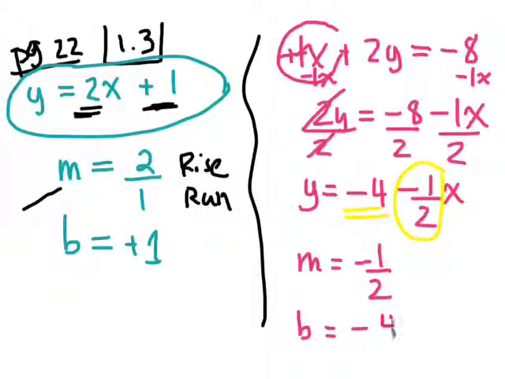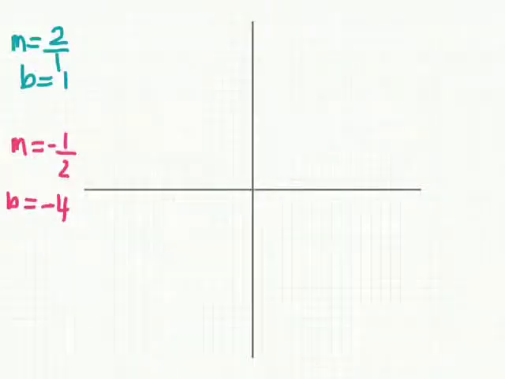Okay? In our first graph, we know the y-intercept is 1. So where's that point located on the graph? 0, 1. I'm counting by ones, okay? This is my x and this is my y. And I know that the slope is what? Negative or positive?